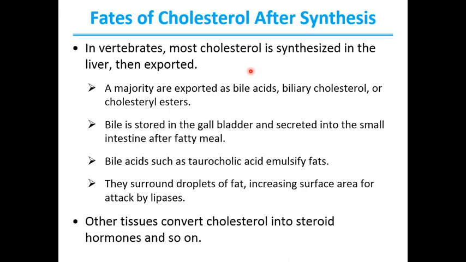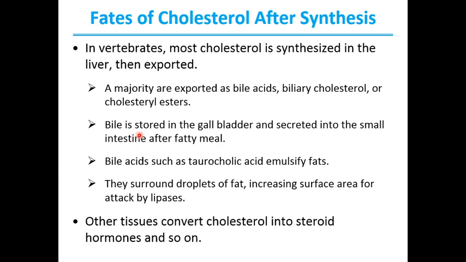Bile acids, which are one of the three forms of cholesterol exported from the liver, are stored in the gallbladder. Bile acids are the principal component of bile, which is a darkish green or yellowish brown fluid that is stored in the gallbladder and secreted into the small intestine after a fatty meal.